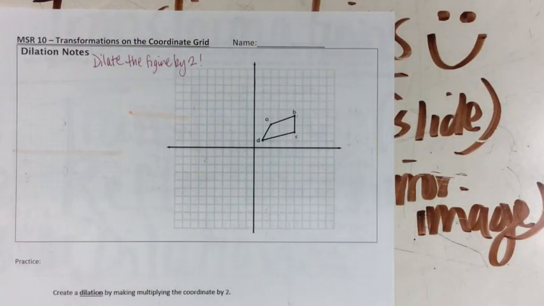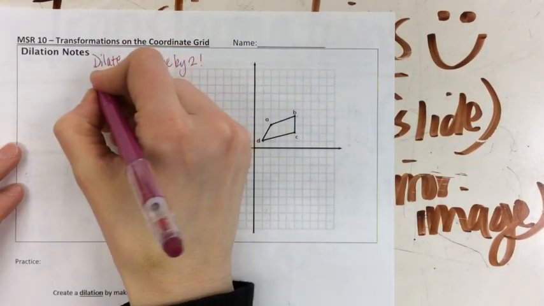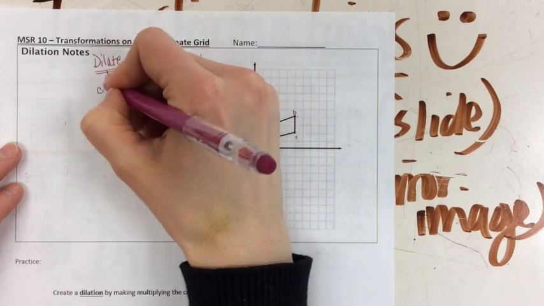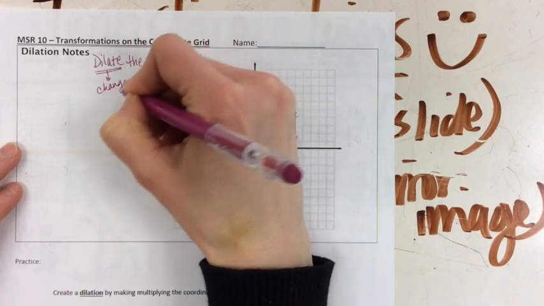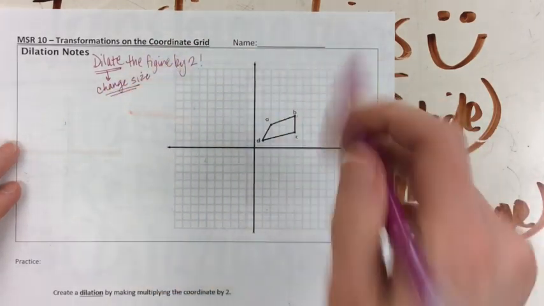So we're going to dilate this by 2, and what that means is, I don't know if you've ever gone to the eye doctor, but they can put something in your eye that makes the pupil of your eye get larger, and that's called dilating your eye, which basically means it's larger and easier for the eye doctor to look into and see if there's any issues or anything. So dilate is something that means to change the size. So we might see this figure change size.